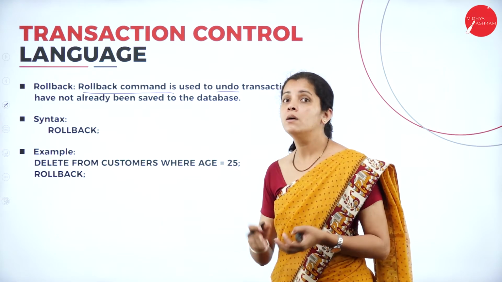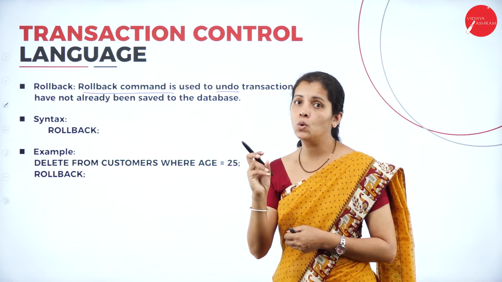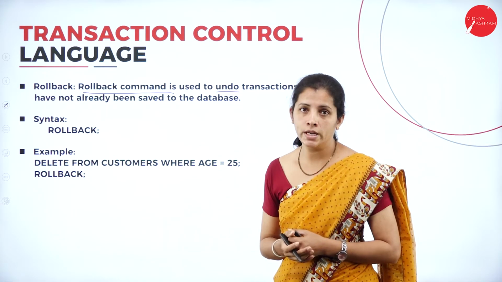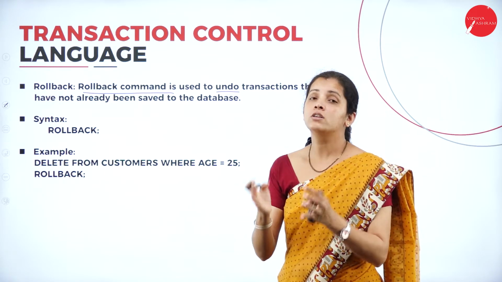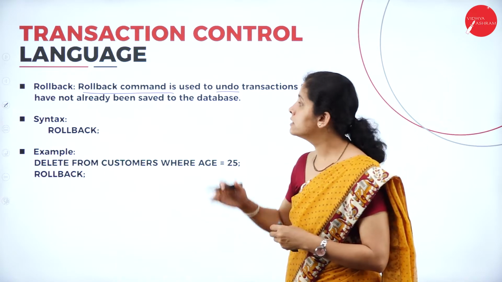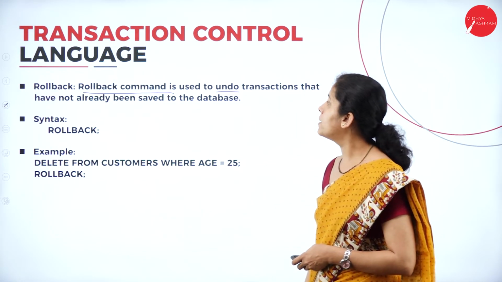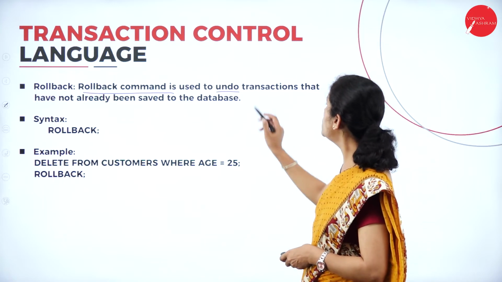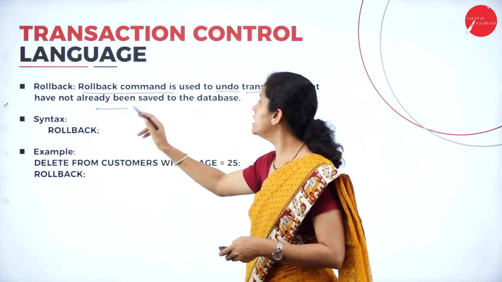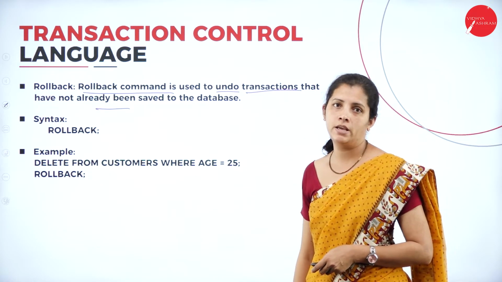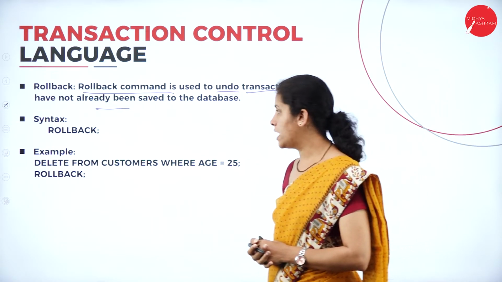If I consider the previous example, where I delete the row where age is 25, now if I want to get the same row back in my table, then I can use rollback. So the rollback command is used to undo transactions that have not already been saved to the database. So it is mainly used to undo the transaction.